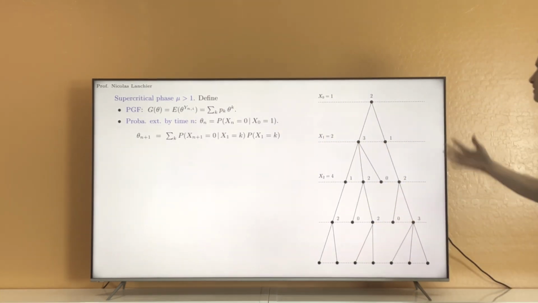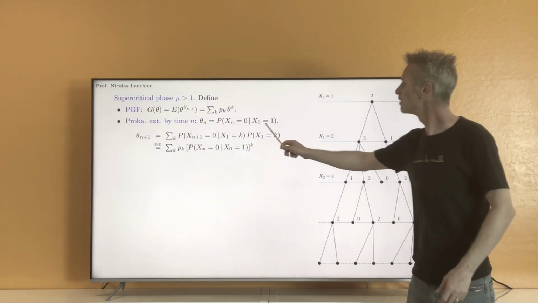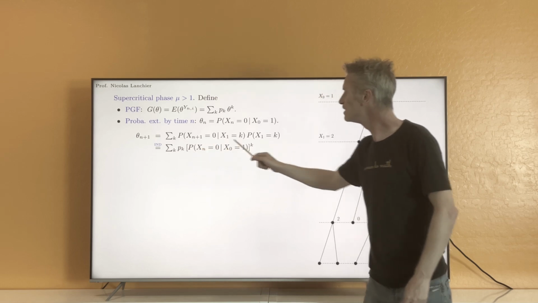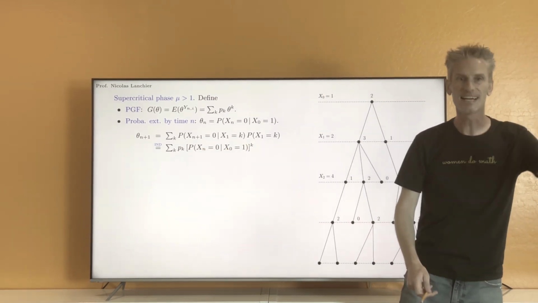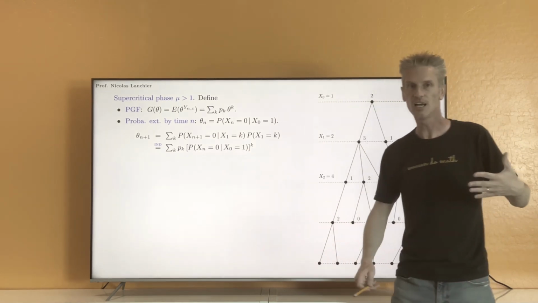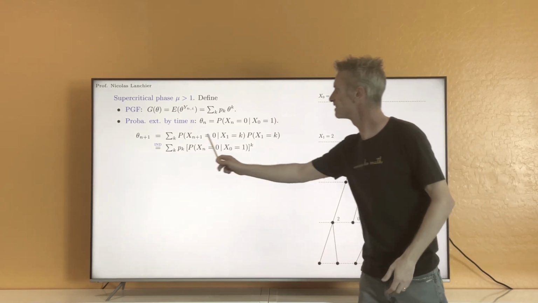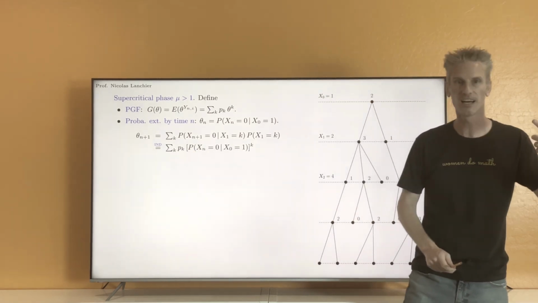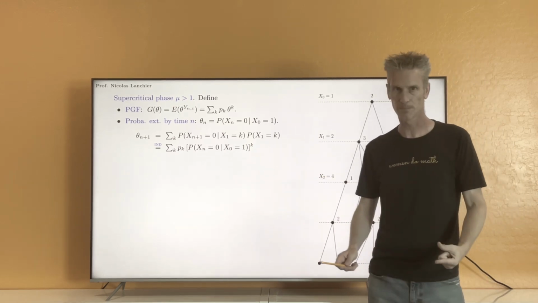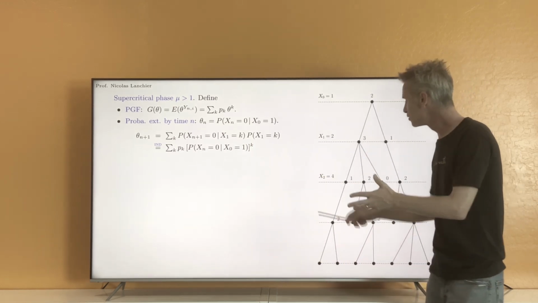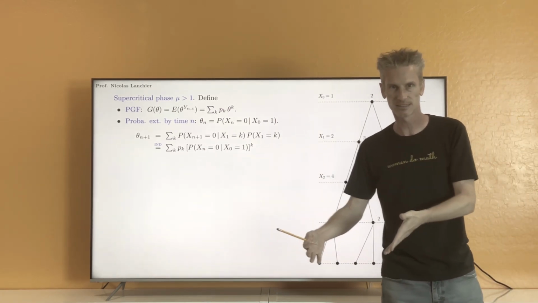And so eventually you can simplify this expression, and this is p_k, and this one is exactly the probability of extinction in less than n units of time of k independent Galton-Watson branching processes. That's the probability of extinction in less than n units of time starting with one individual, to the power k, using the fact that the corresponding k subtrees do not overlap and therefore are independent.